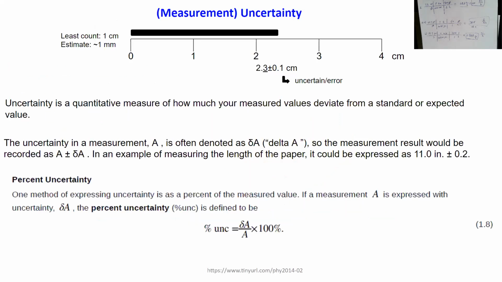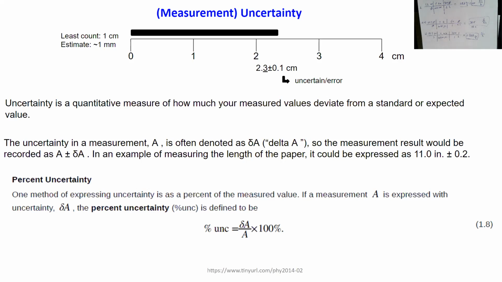All right. When you are doing measurements, there's always uncertainty, meaning your readings will not be exactly what it actually is, depending on the instrument you are using. If you are using a ruler, and the least division on the ruler is 1 centimeter, and you have this object, the black one here, it's 2 point something centimeters, right?